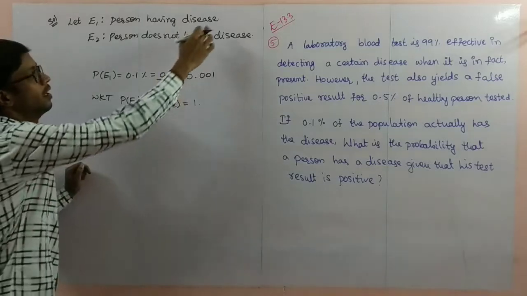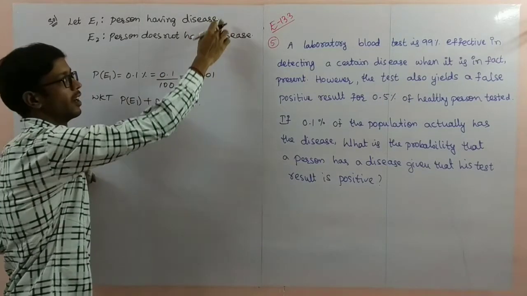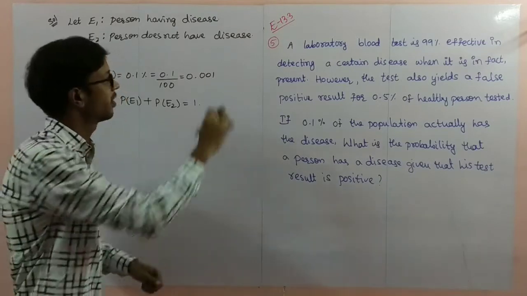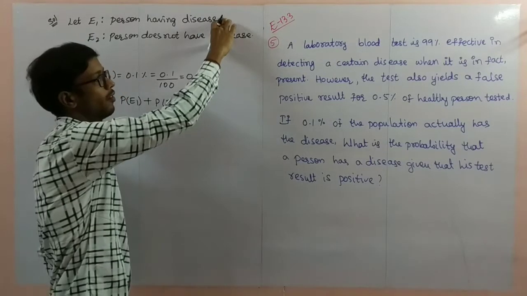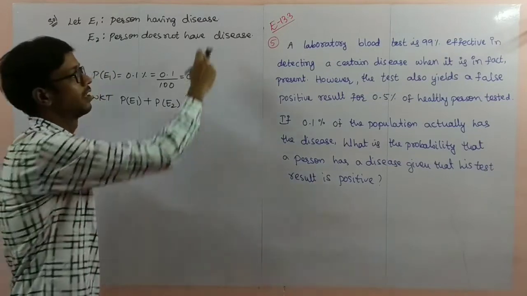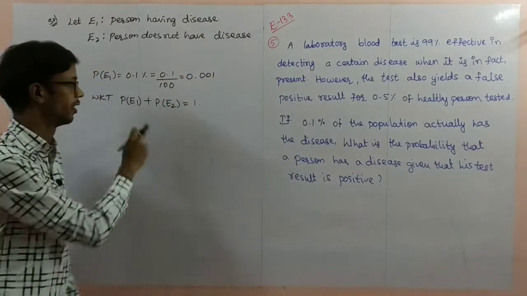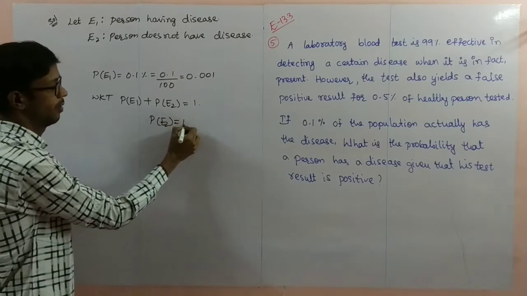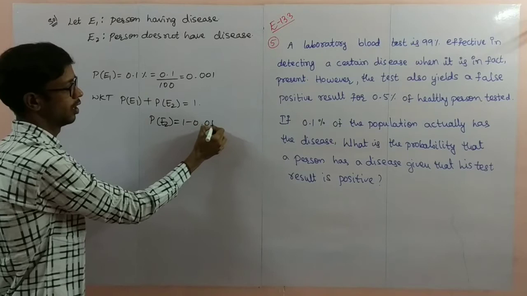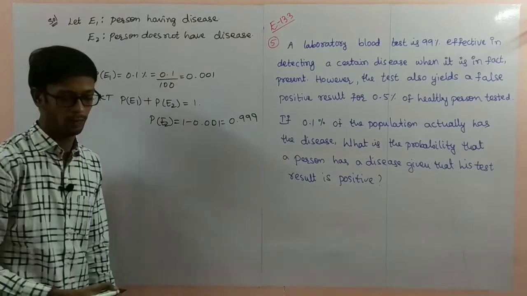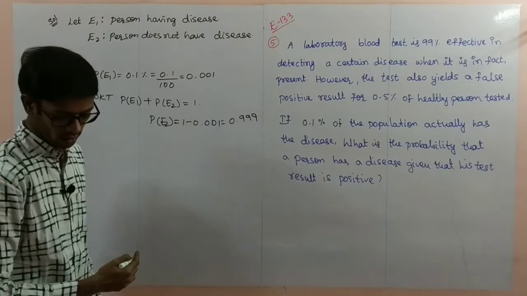Why? Because this is a separate event, and this is a separate event. Mutually exclusive and exhaustive, the intersection part is not there. The union of these will become the total population, the sample space. So we can write that the probability of E2 is equal to 1 minus 0.001, that is 0.999.